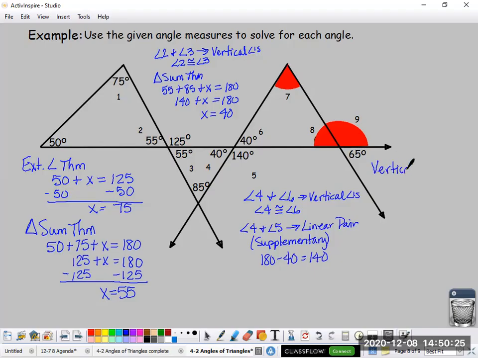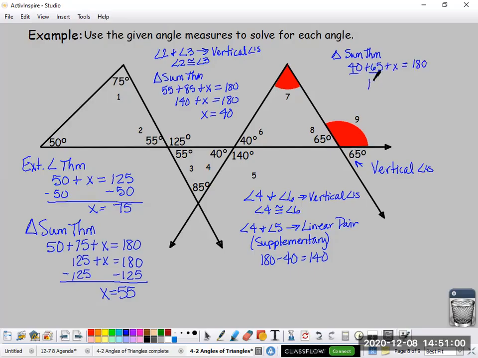So I'm going to find angle 8 first because I see vertical angles. So that means those two are 65. Then to find 7, I'm going to do the triangle sum theorem, which means 40 plus 65 plus the unknown angle 7 is 180.